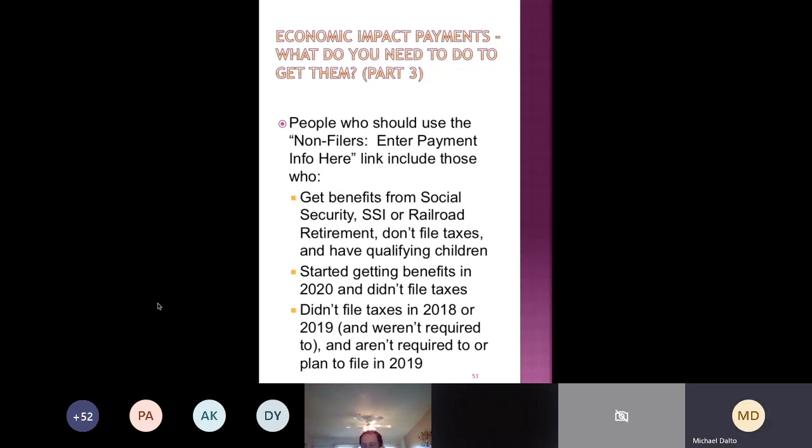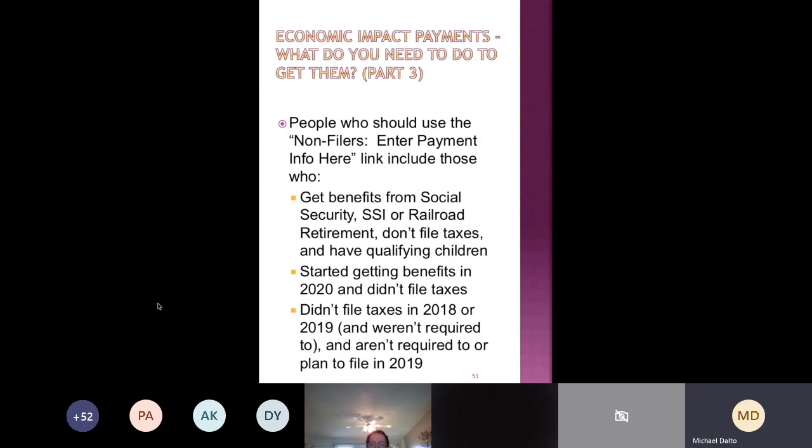Now, unfortunately, it's now past the deadline for people who get Social Security or railroad retirement benefits to use the non-filers link to give information about their qualifying children. So those people will not get the extra $500 per qualifying child during this round of economic impact payments.